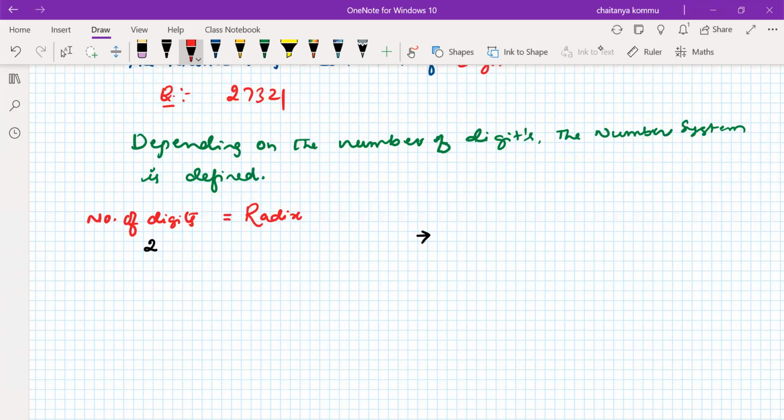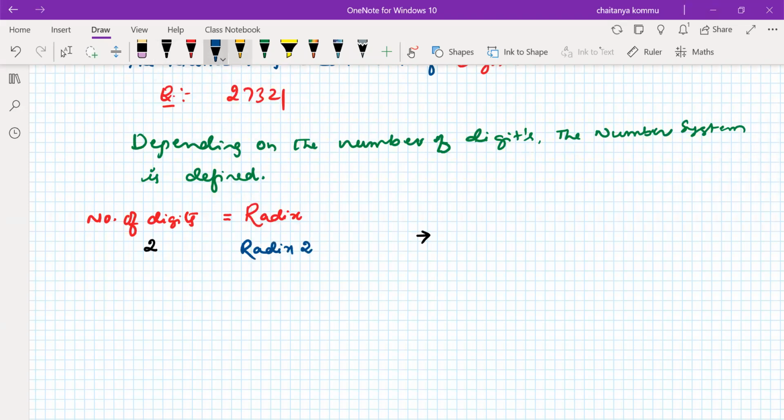Number of digits is nothing but radix. For example, if you are using 2 digits for your number system, we call it radix 2 number system, radix 2.